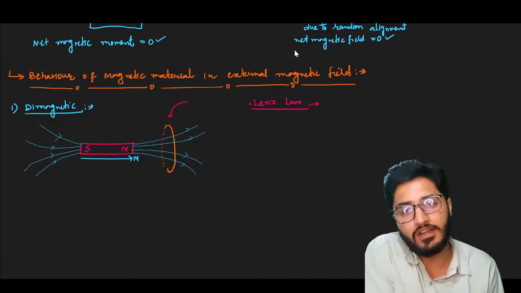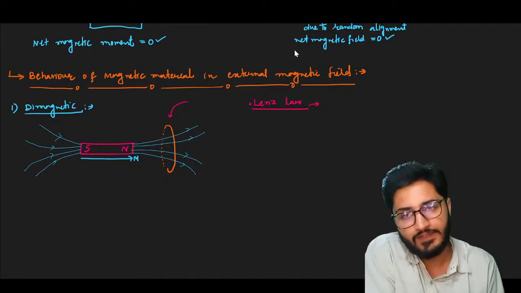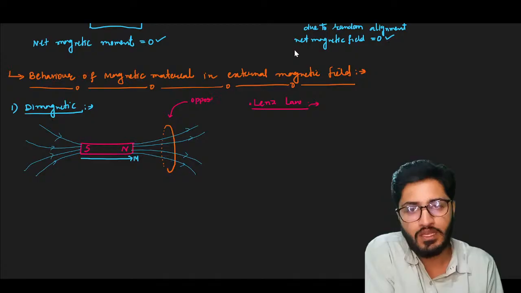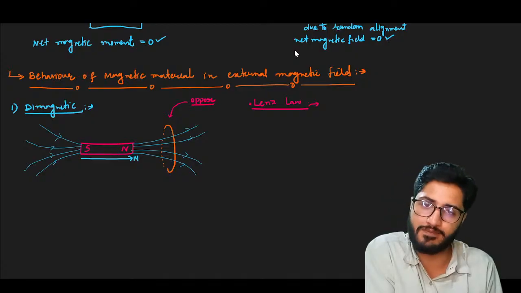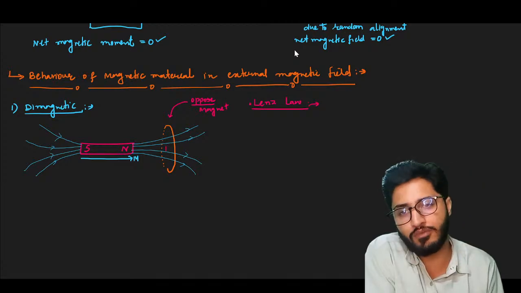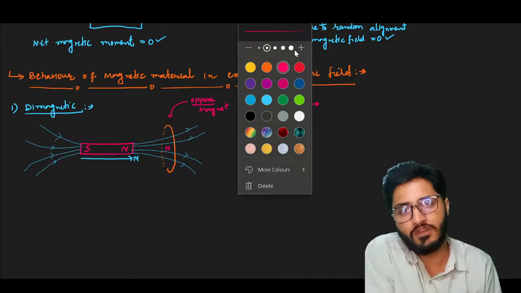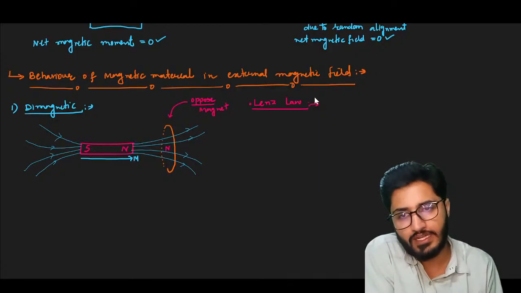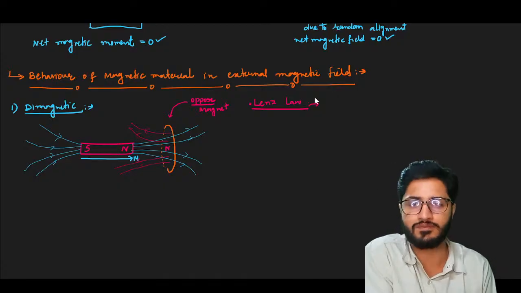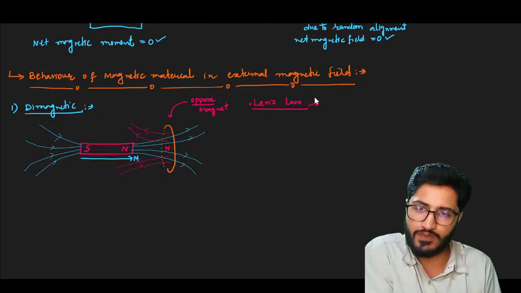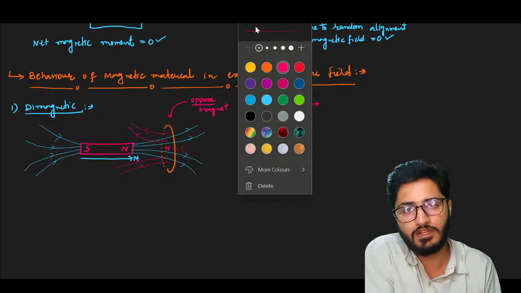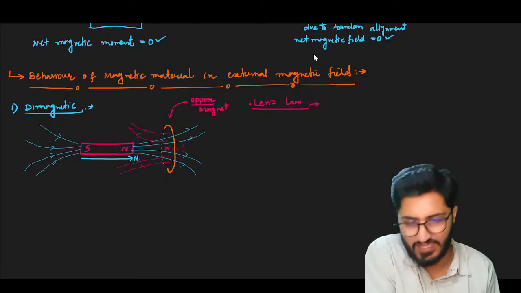That induced field will try to push it back, which means it will oppose the magnet. That is only possible if this side is north. So you will write that the magnetic field of this loop will be in this way, and the current flows in this way. Very easy, no?